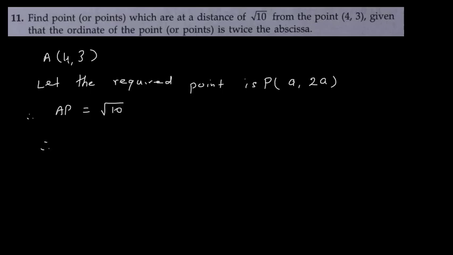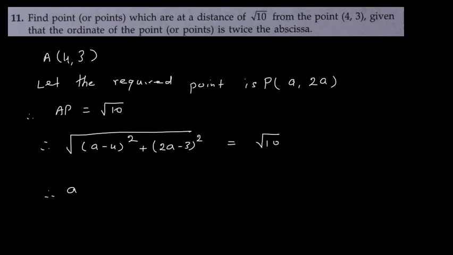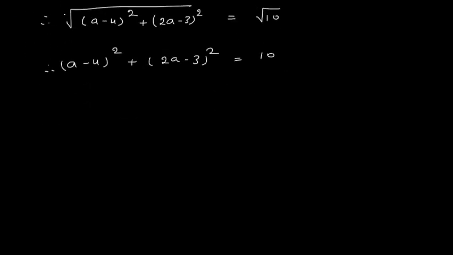Therefore by using the distance formula, root of (a minus 4) the whole square plus (2a minus 3) the whole square is equal to root 10. So we get (a minus 4) the whole square plus (2a minus 3) the whole square equals 10.